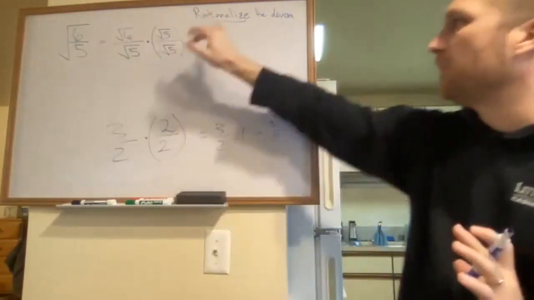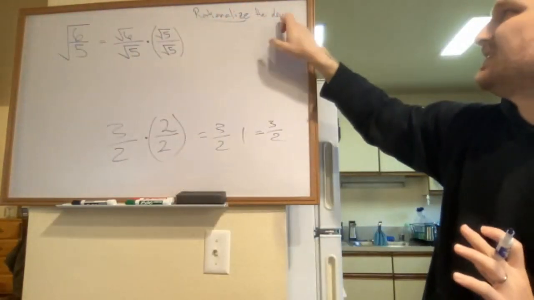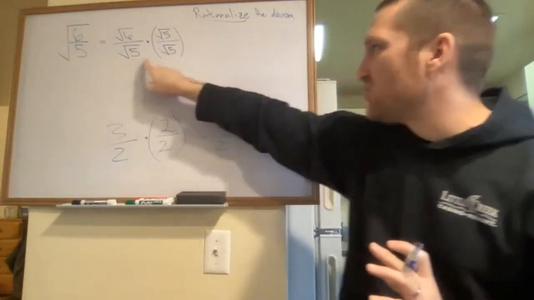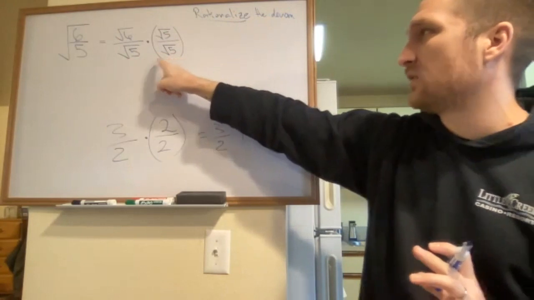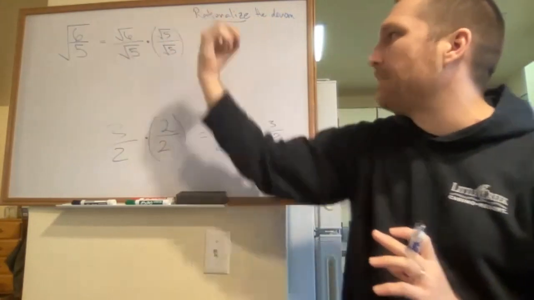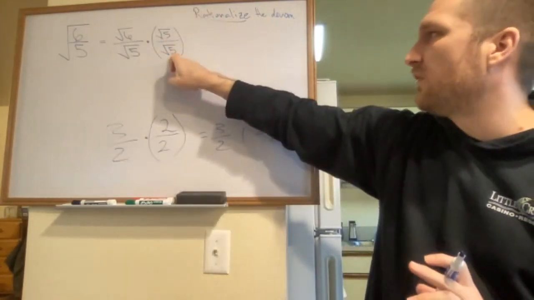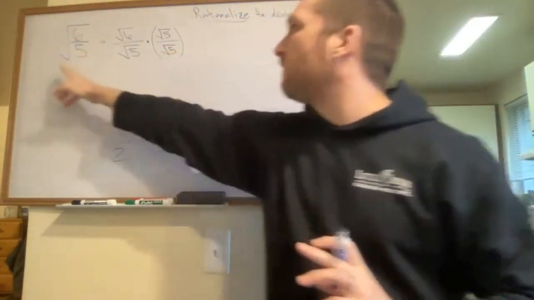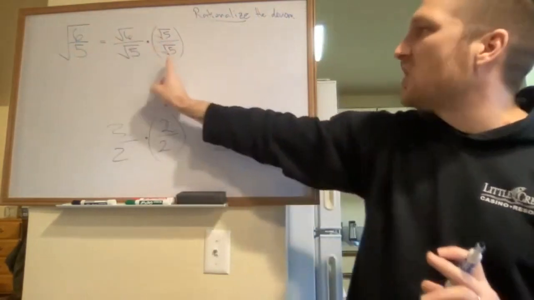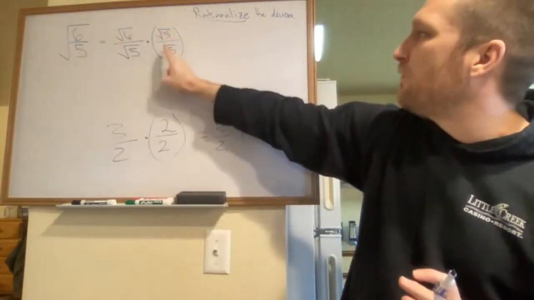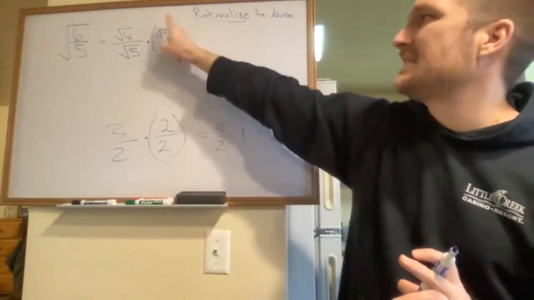Ultimately, when you're rationalizing the denominator, this is all you're doing. You're just finding what number will turn that into a rational number. In other words, what's going to make that 5 pop out? Well, multiplying by root 5. But I can't change the overall number that we started with. And so this has to be root 5 over itself. It has to equal 1.